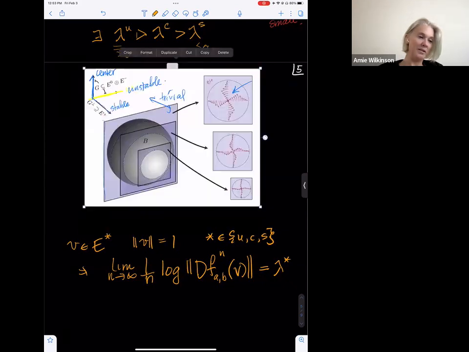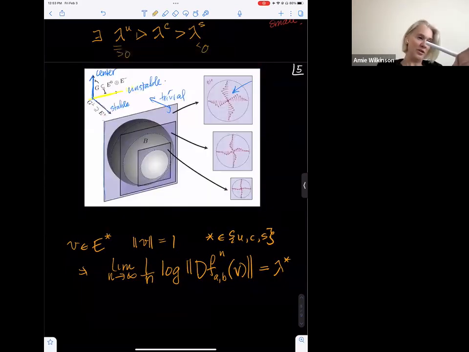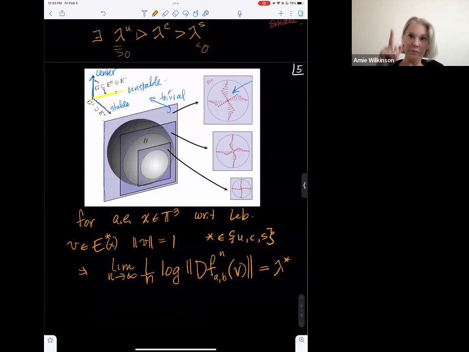In fact, what I want to do is take almost every x in T^3 with respect to Lebesgue. If I take that bundle, and I take a vector in that bundle of length 1, then this is the growth of the vector under that iteration.